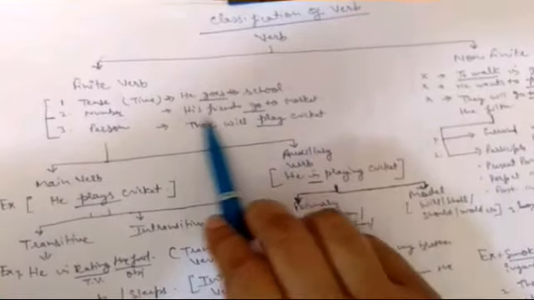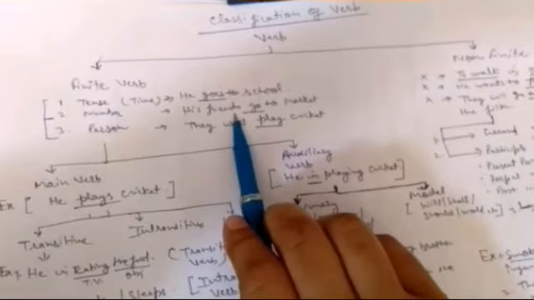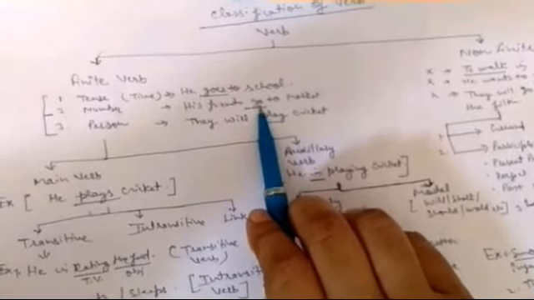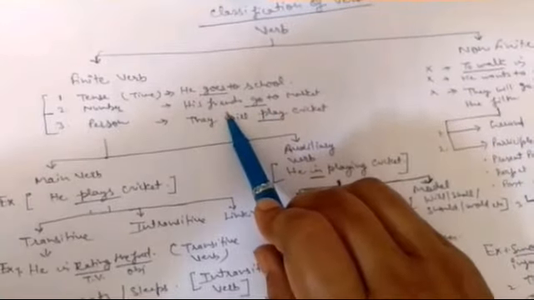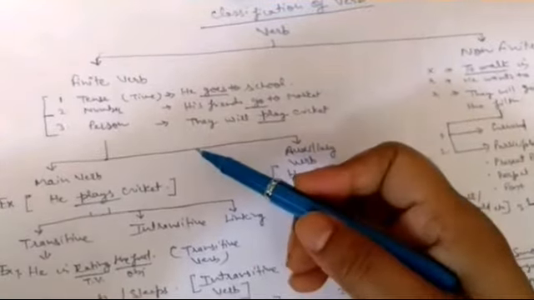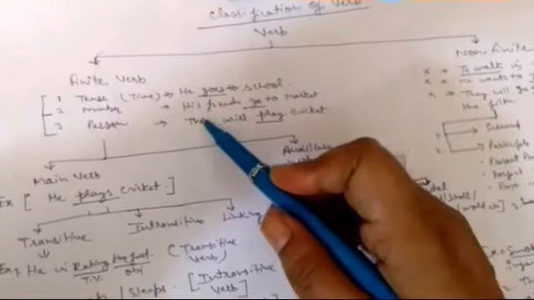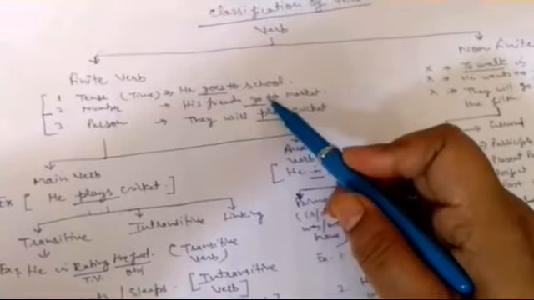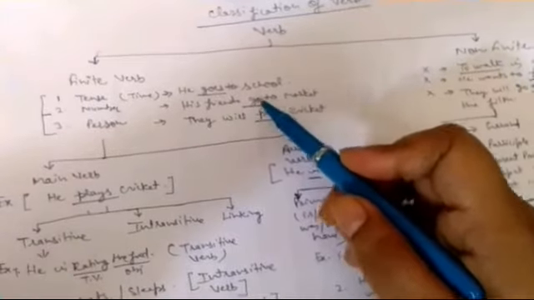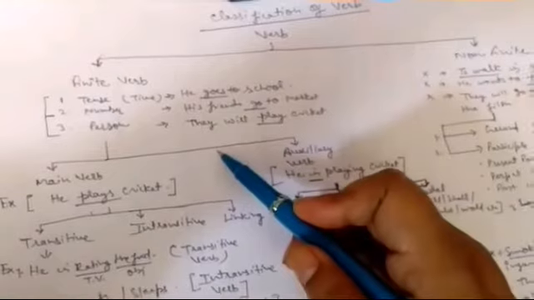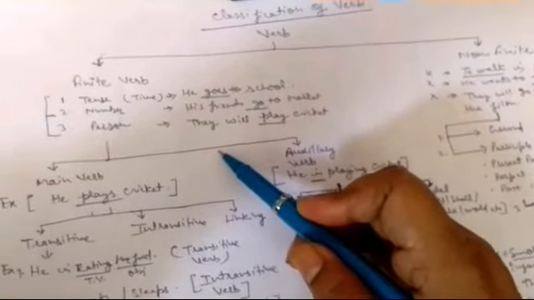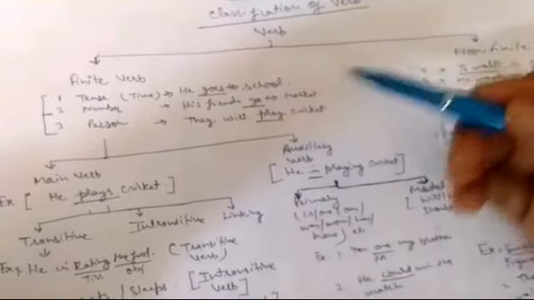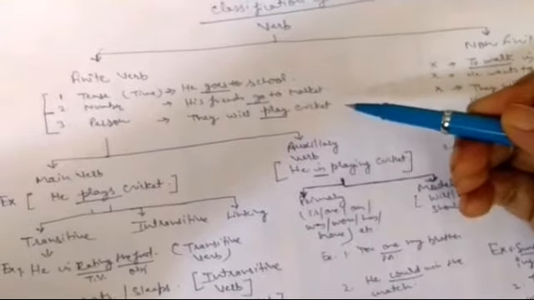So finite verb also indicates the plural number, or the singular number. If we use his friend, we don't use go, then we put goes. So goes indicates the singular number. So finite verb also indicates the number, whether singular or plural.